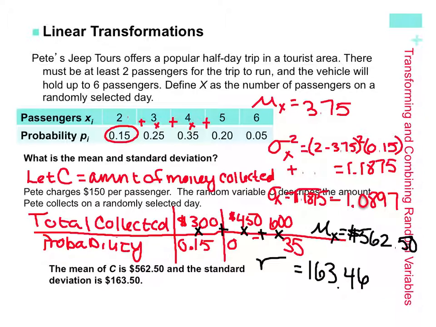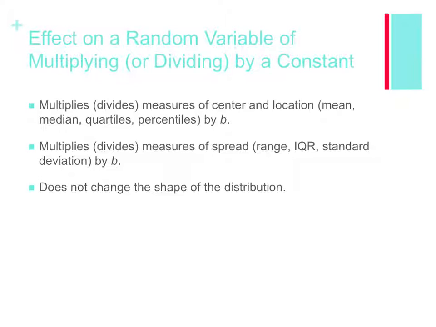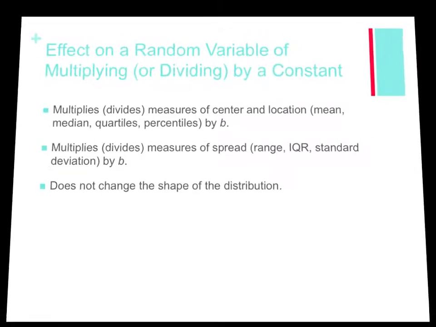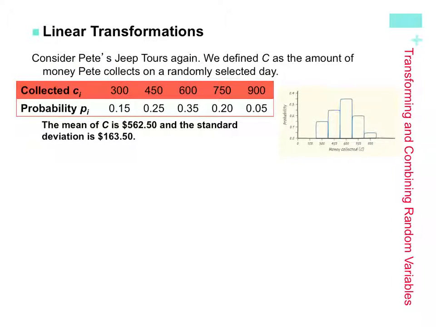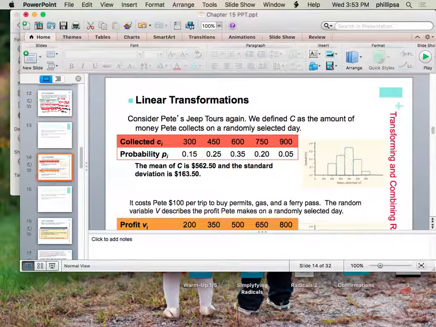So your 1.0897 gets multiplied by the 150 per passenger to give you $163.46 for your standard deviation. Okay. Your shape, however, would not change.